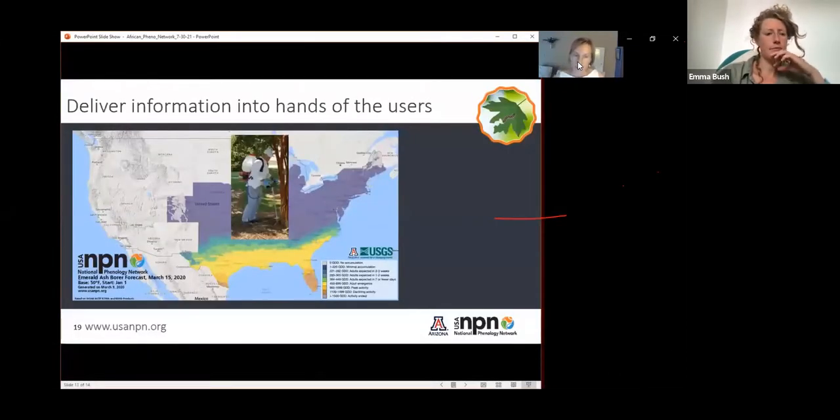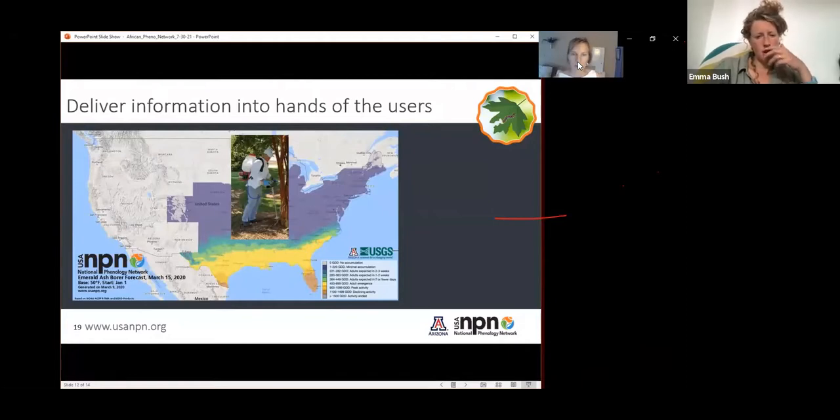Another thing that we've learned is to not only expect that folks will come to our website to find products, but to deliver the information into the hands of the users as well. And so, for example, we have a number of forecast products that we call pheno-forecast maps, which indicate when a particular phenological event is expected to occur. And we narrow these down to events that actually are management relevant.